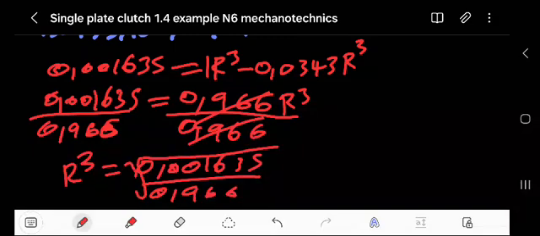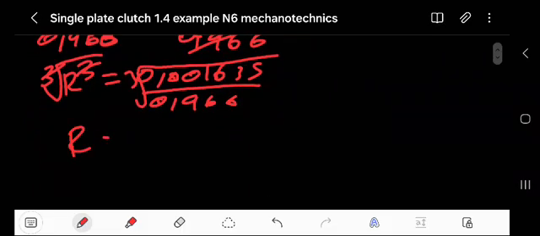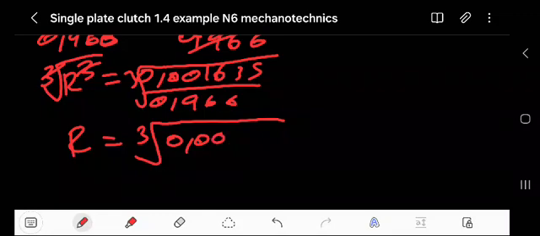I take this like that, and that will cancel. We'll have R, which is 0.001635 over 0.966.